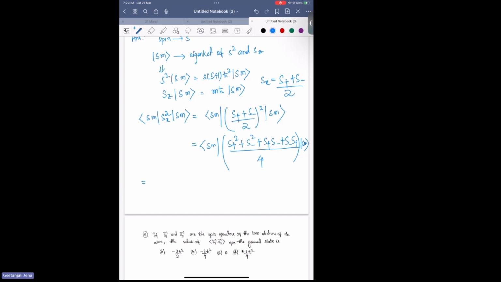So now let us see the individual terms. So this one you can write as S plus square plus Sm S minus square, divided by 4, and there is a cross term, 1 by 4 Sm S plus S minus plus S minus S plus acting on Sm.